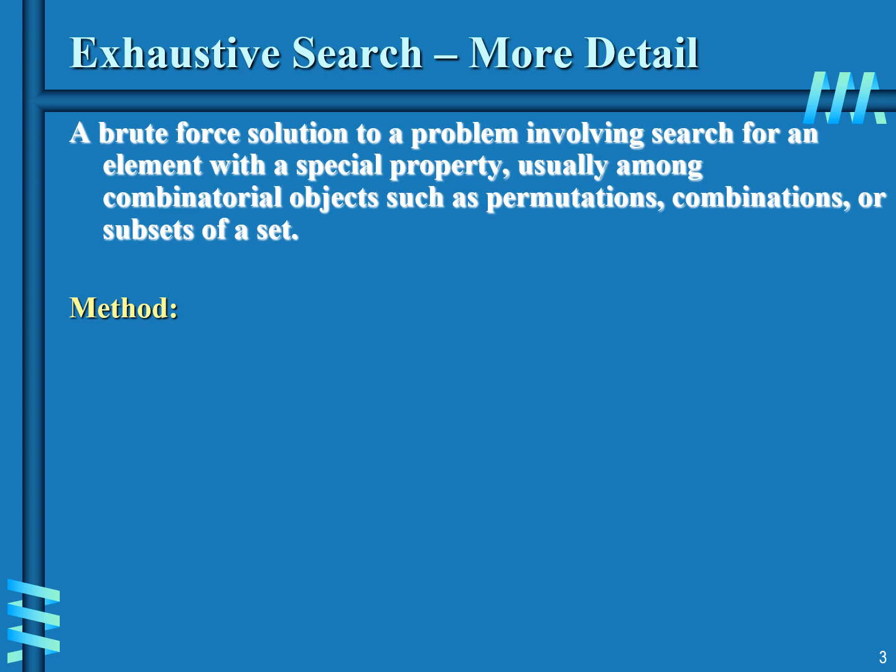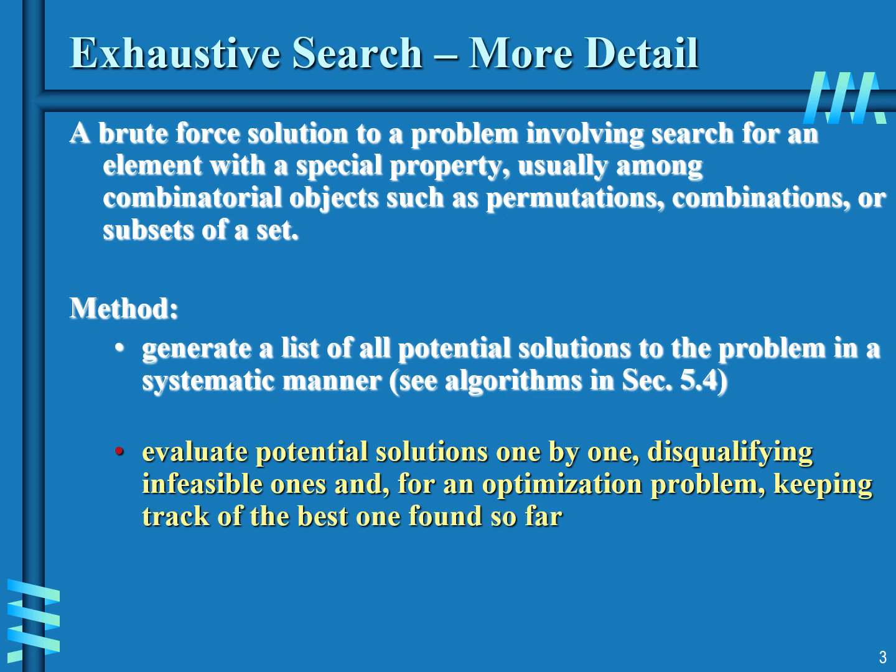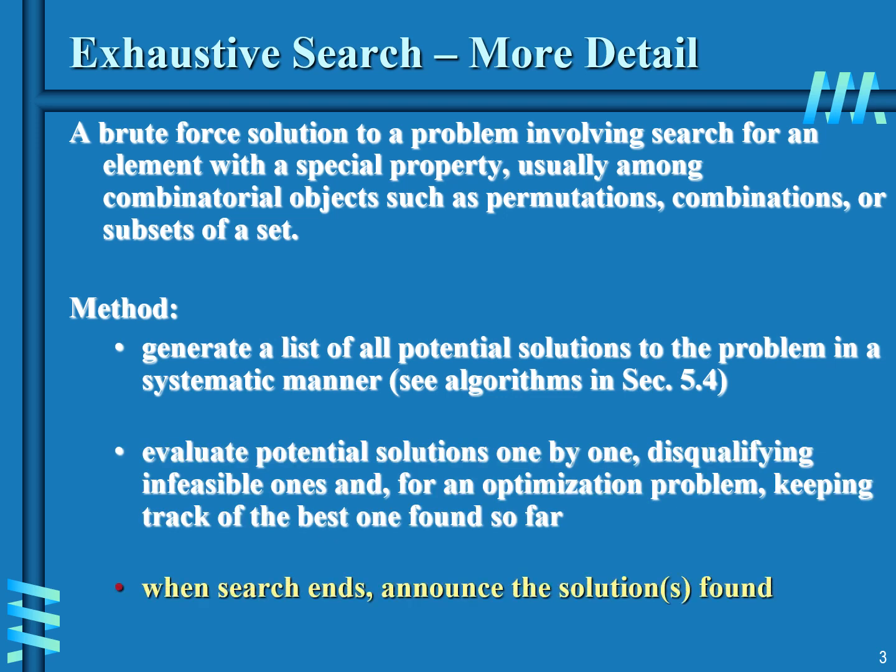In more detail, what is the idea behind exhaustive search? You generate a list of all potential solutions to the problem. Then you select the one which satisfies both the objective and the constraints of the problem, because it is applicable for solving optimization problems.